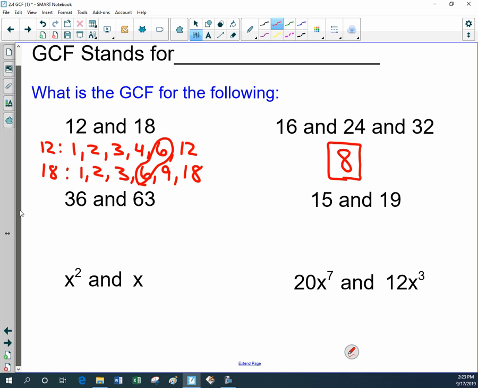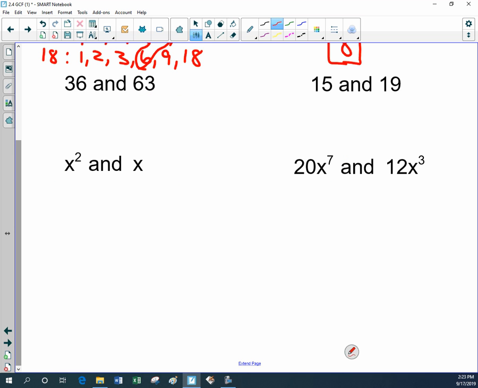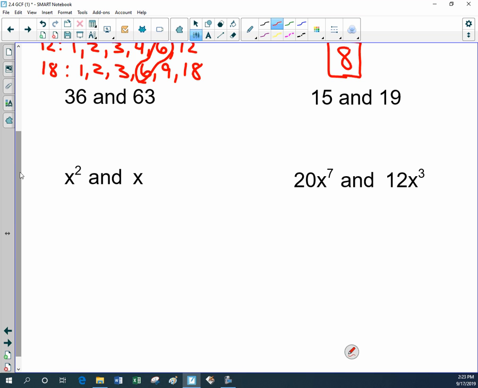For 36 and 63, and this is a shortcut that I'll sometimes take, I'll take the smallest number and list the factors of that smallest number. So factors of 36: 1, 2, 3, 4, 6, 9, 18, and 36.